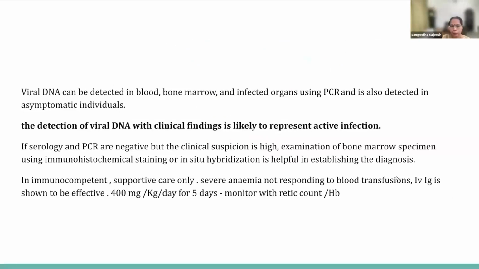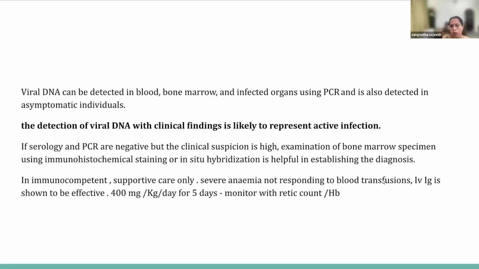So this viral DNA can be detected in blood, bone marrow, and infected organs using PCR, and is also detected in asymptomatic patients, which is not significant. So the detection of viral DNA must be taken with clinical findings, that is severe anemia with a very low, inappropriate reticulocyte count.